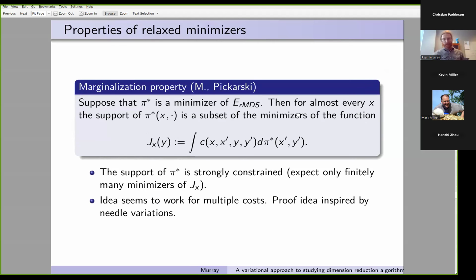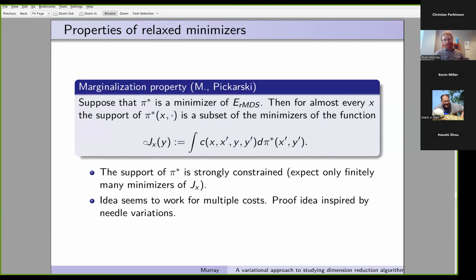Here I'm writing a new function of x in R^D and y in R^m, with one integral and d pi star. Pi star is going to be one of the minimizers of this relaxed multidimensional scaling problem. Here I'm integrating out x prime and y prime according to d pi, using this cost function c, which represents my measure of how well I've preserved structure between my x's and my y's.